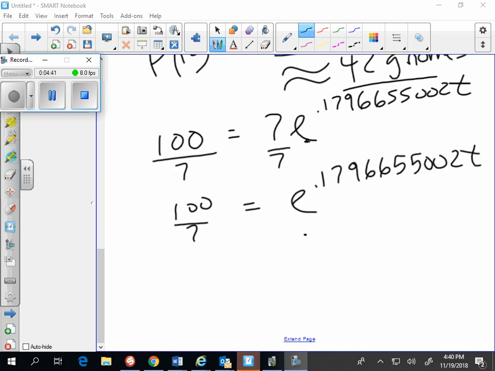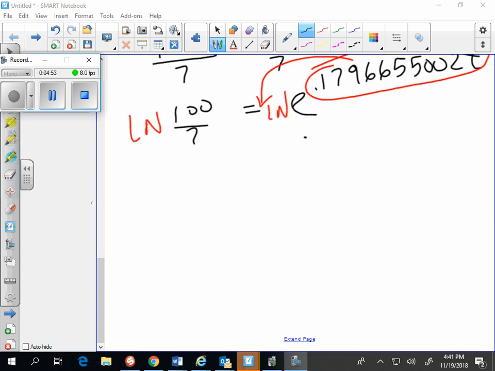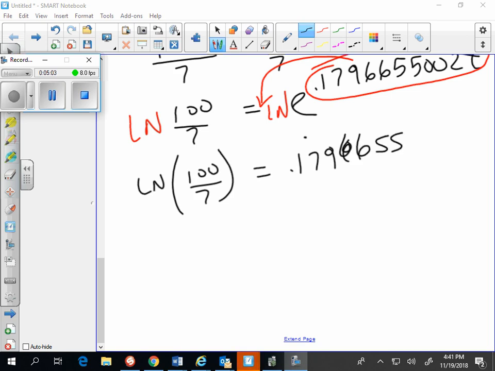0.1796655002t. Now I need to take the ln of both sides of this equation, and I can pull this down in front. It's going to be ln of 100 over 7 equals 0.1796655002t.